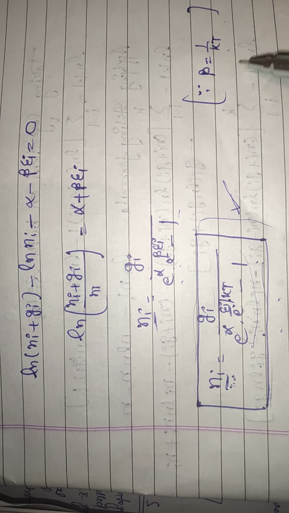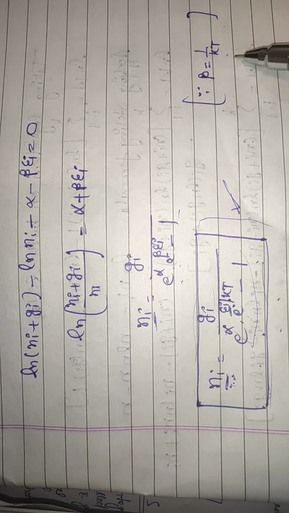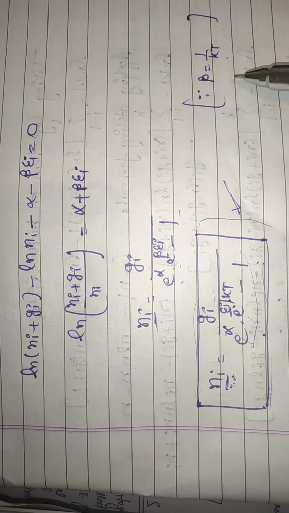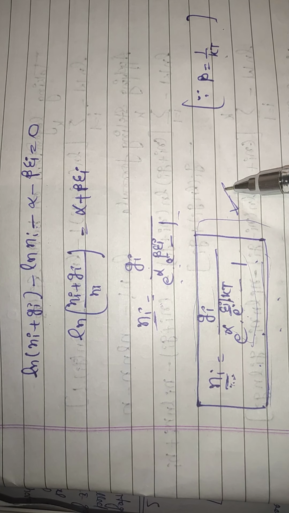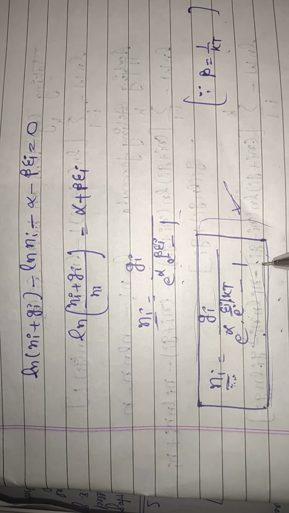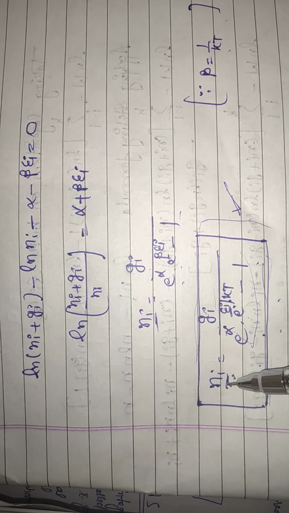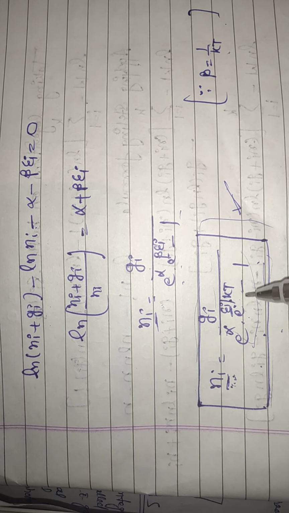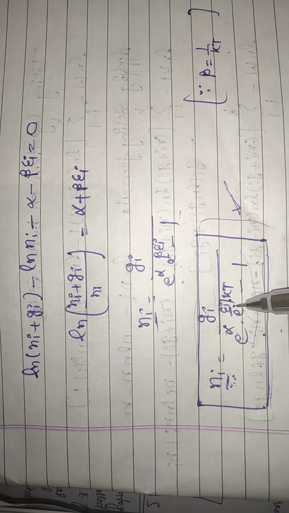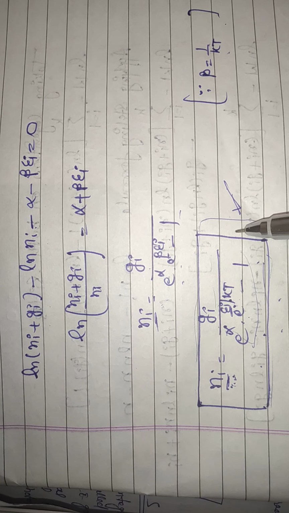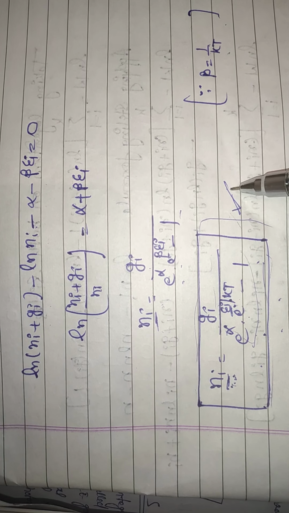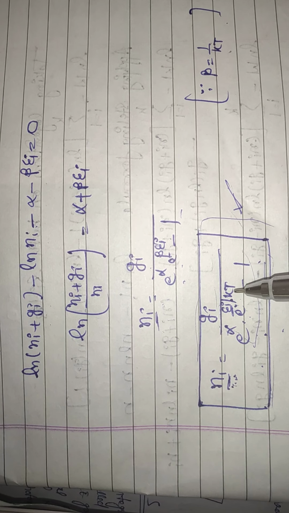Just because we know that beta is nothing but the statistical temperature, 1 by kT. This is our basic equation, the basic distribution law for Bose-Einstein statistics. This simply tells us how many particles correspond to this energy state. So this is the distribution law. This gives us knowledge about the distribution of the particles among the respective energy states.